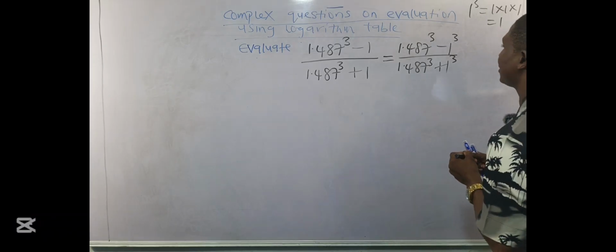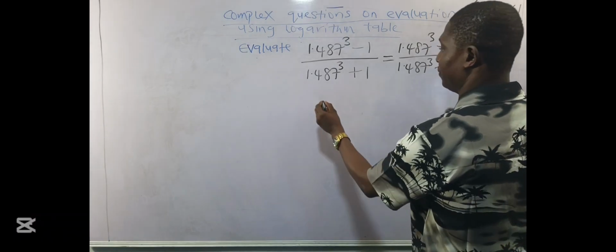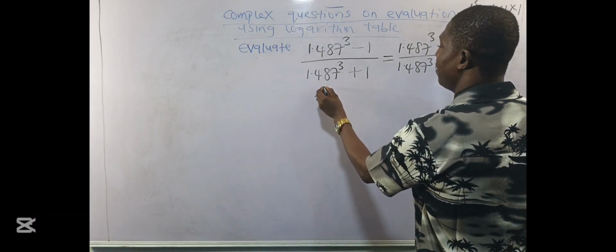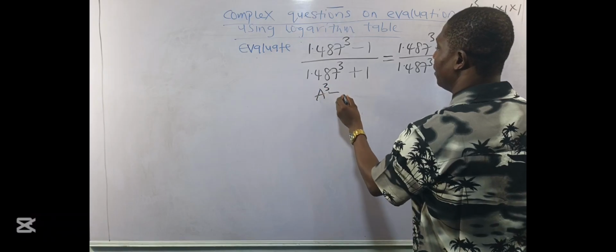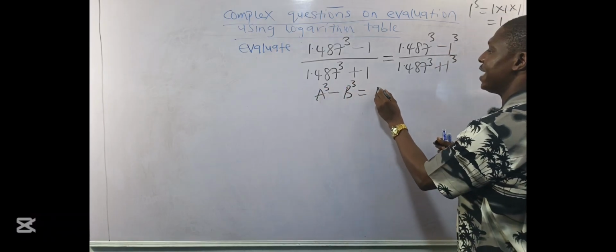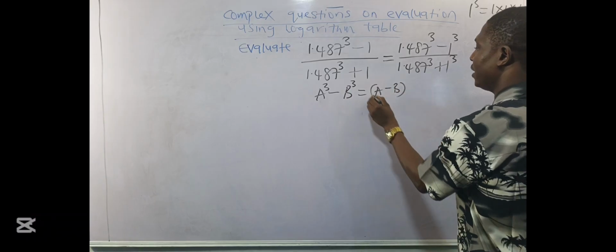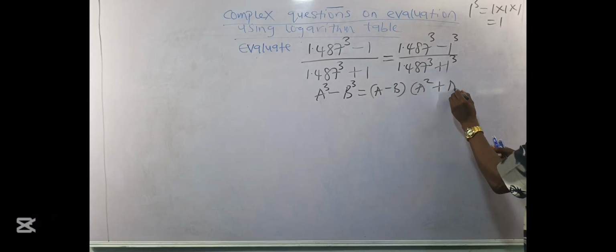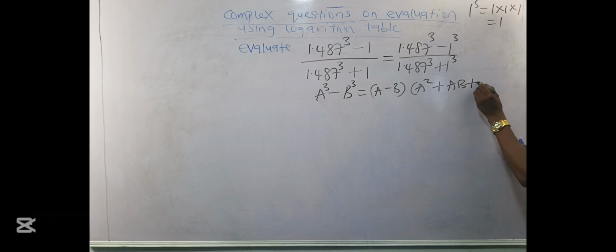Difference of 2 cube is simply, using A and B, A raised to power 3 minus B raised to power 3 will give me A minus B in brackets A square plus AB, which is product of AB, plus B square.